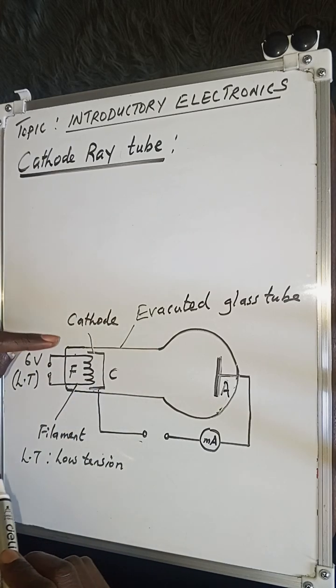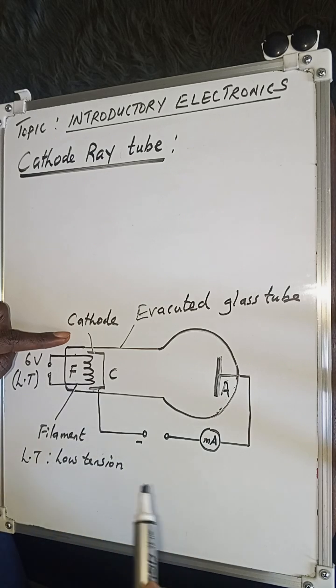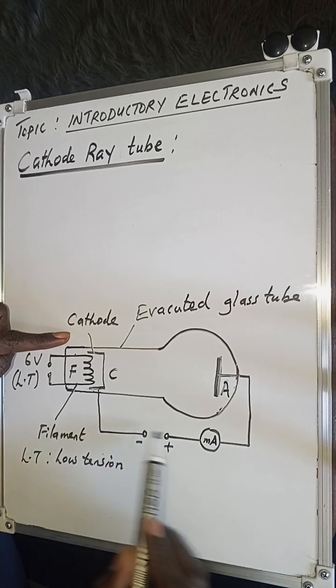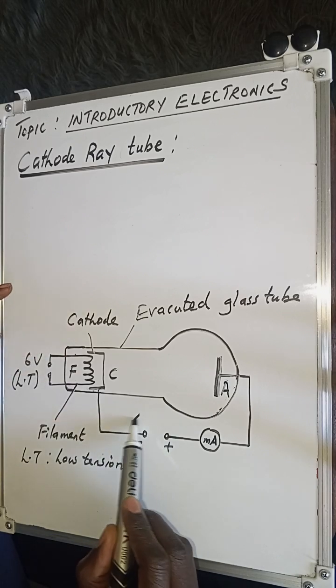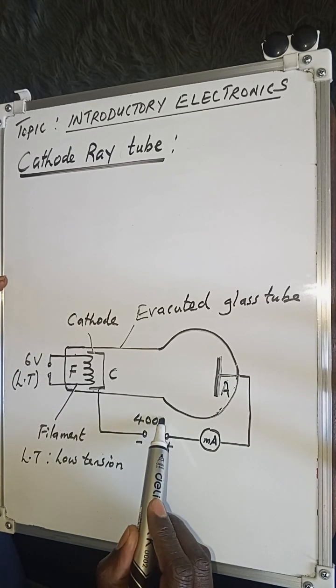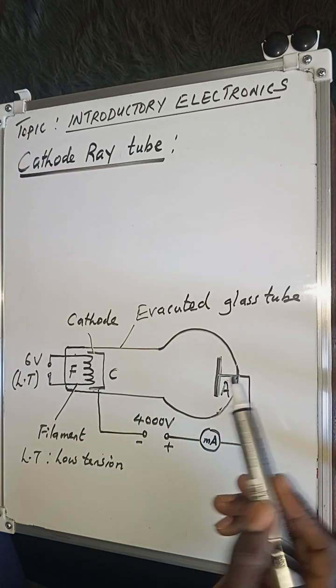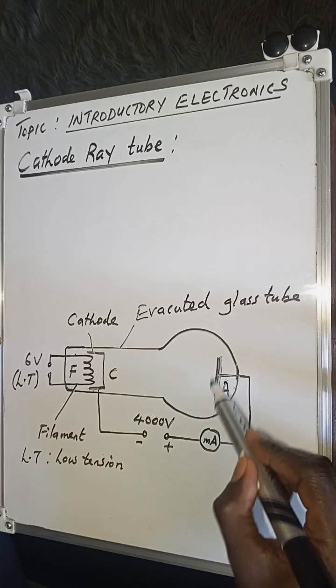And remember, the cathode is actually negatively charged, and therefore it is connected to the negative terminal of the power supply, and approximately the voltage difference across them may be 4000 volts. And on the other side, on the far end of the filament, you have another metal plate.